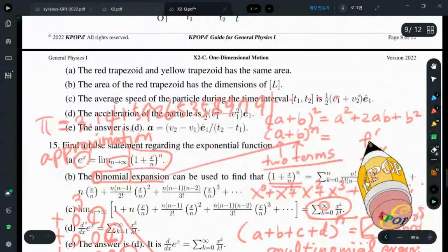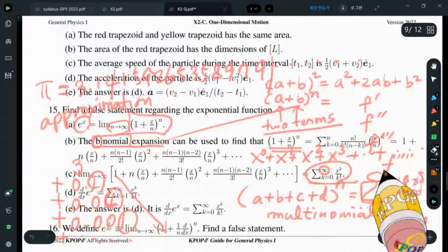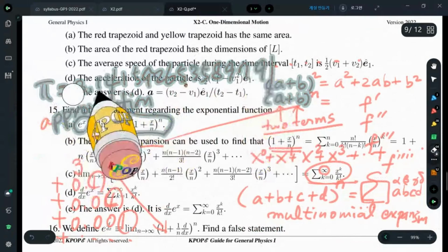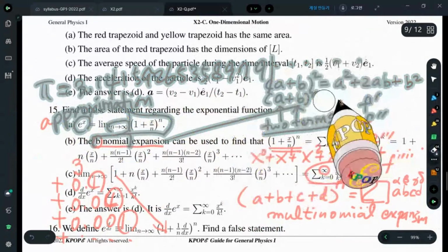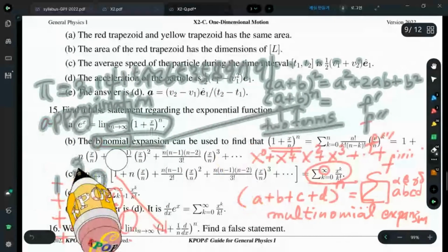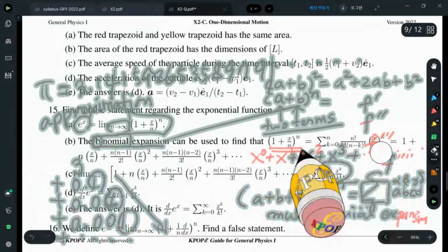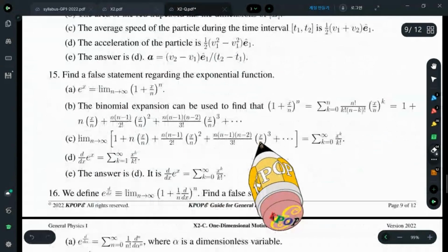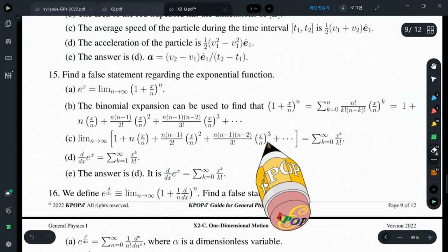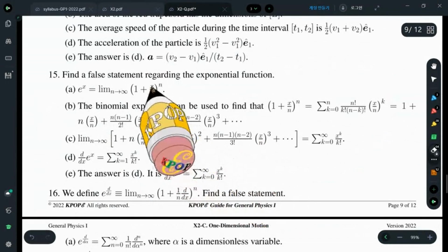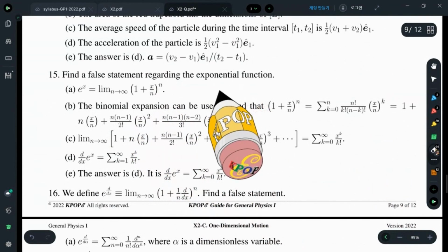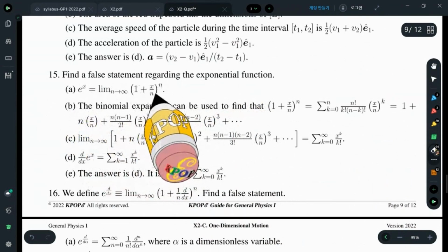Next. All right. Find the false statement regarding the exponential function.